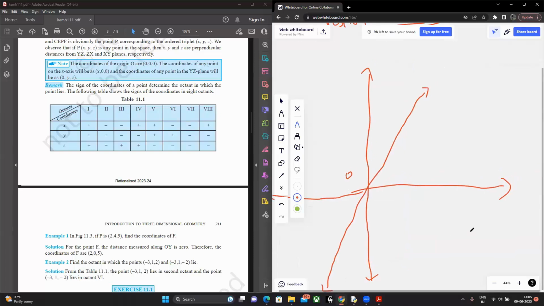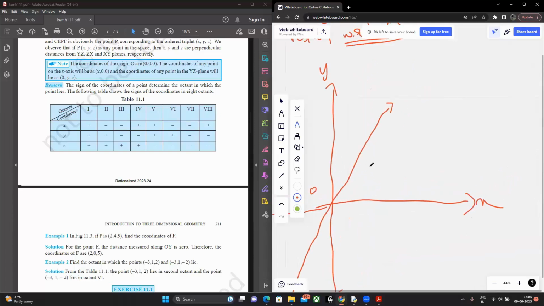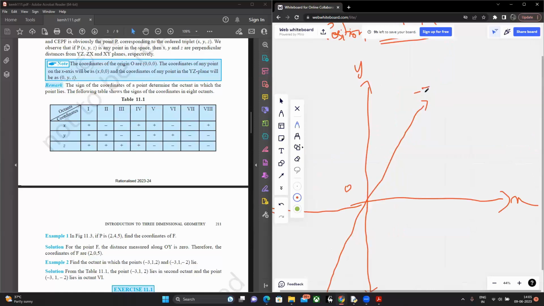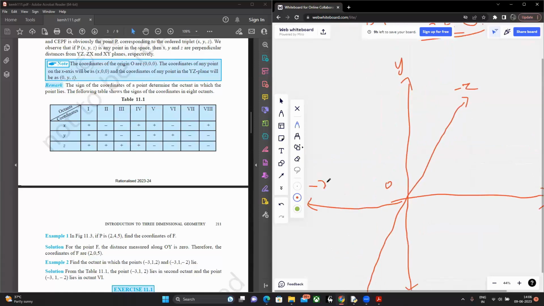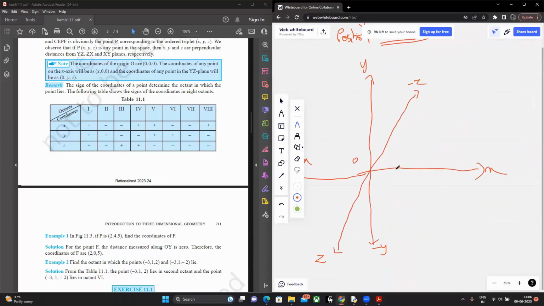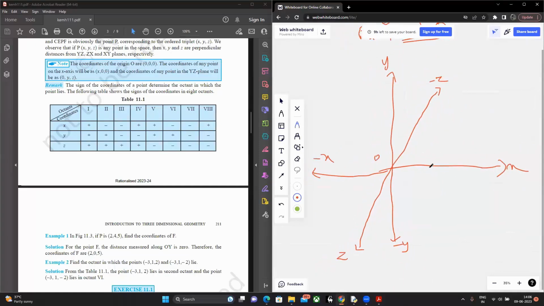Let this be X, let this be Y, let this be Z. This is going to be minus Z, this is going to be minus X, this is going to be minus Y.